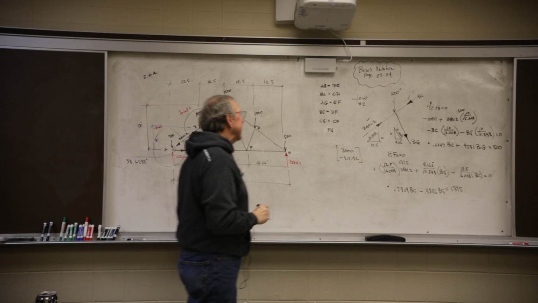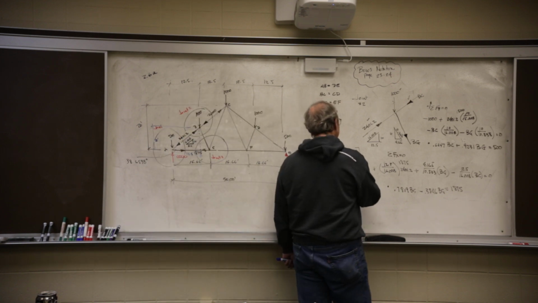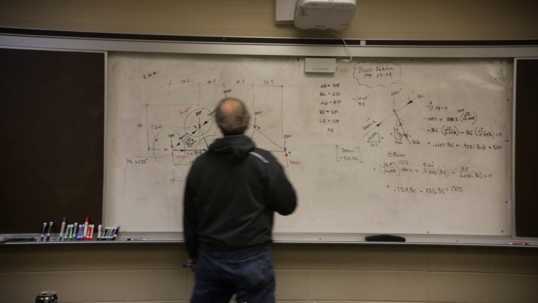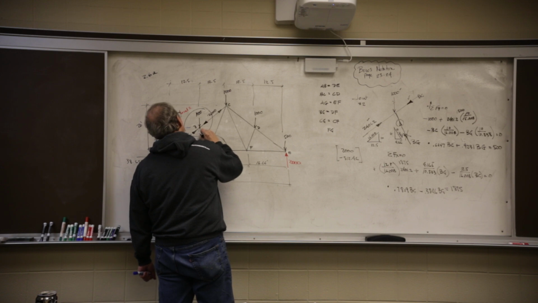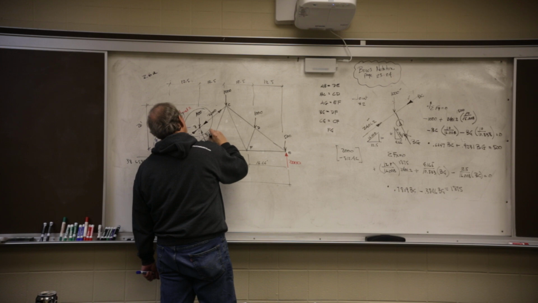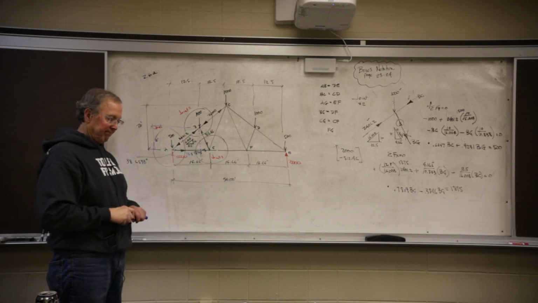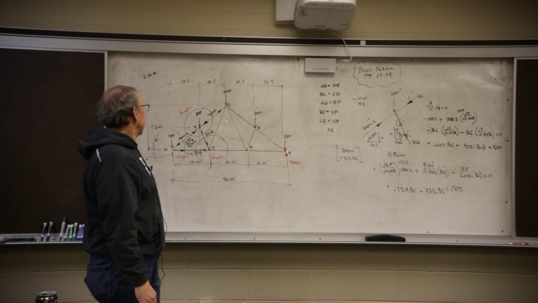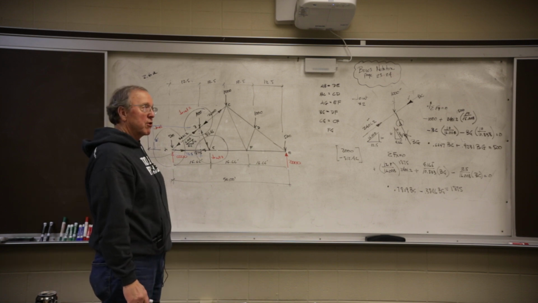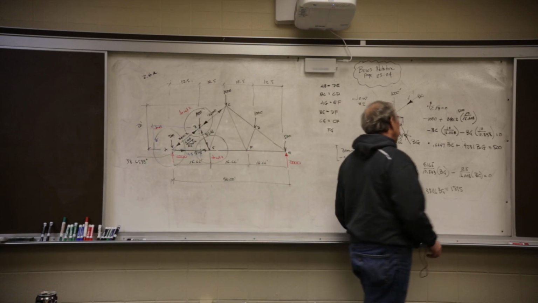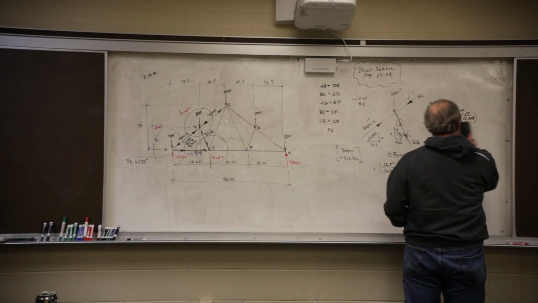And the BG came out negative, so my arrow was wrong. 1246. Okay, picture's up to date. We're all set. Let's move to joint 3.